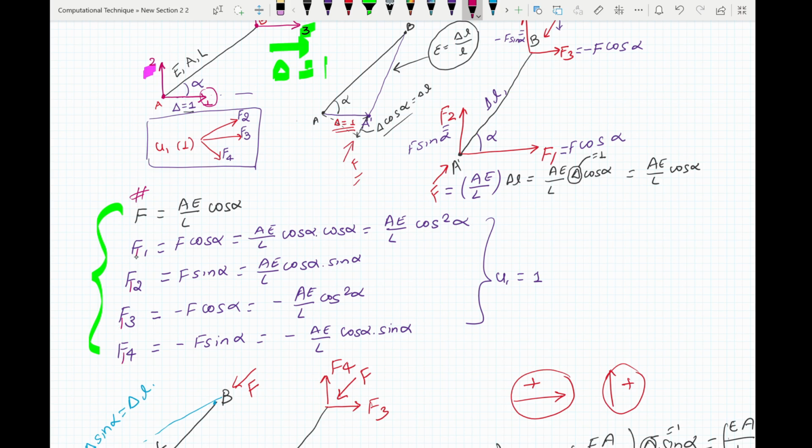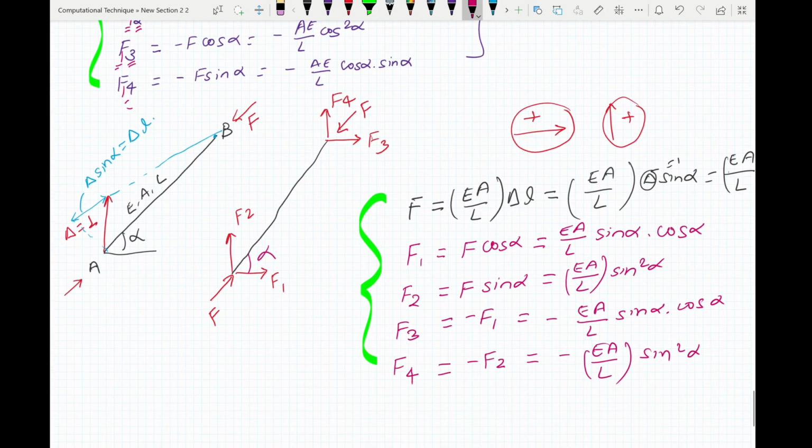So this means the effect of displacing in degree of freedom 1 on degree of freedom 1, the effect of displacing in degree of freedom 1 on degree of freedom 2, and so on.